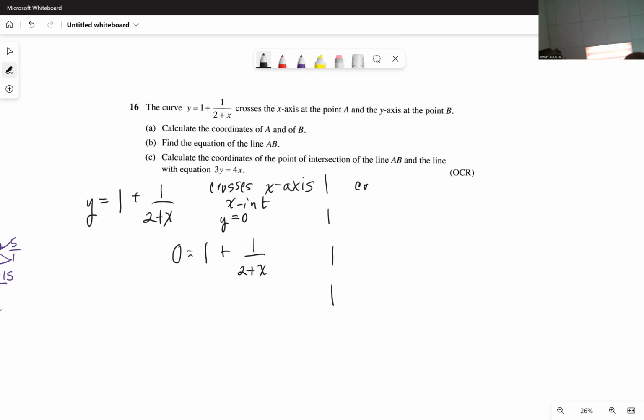Now, when we cross the y-axis, we call that what? The y-intercept. And what is the value of x at that point? 0. And so in this case, you would rewrite this, and now you want to solve this.